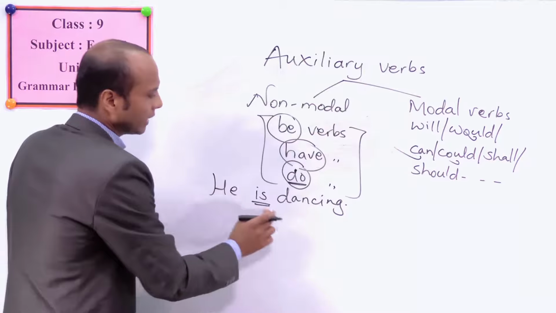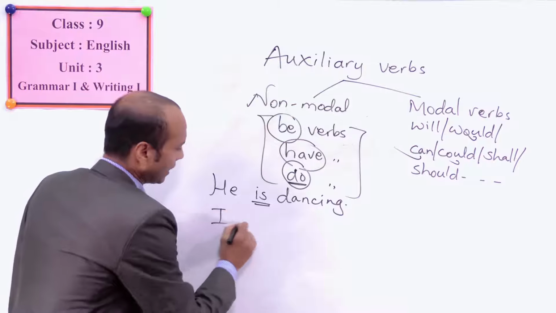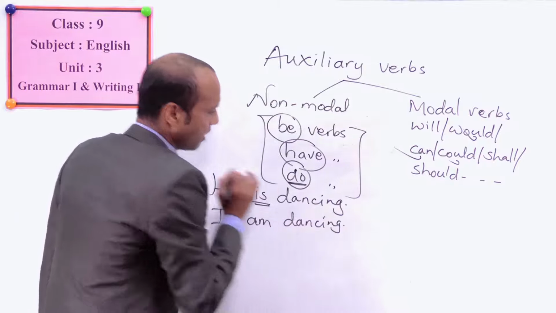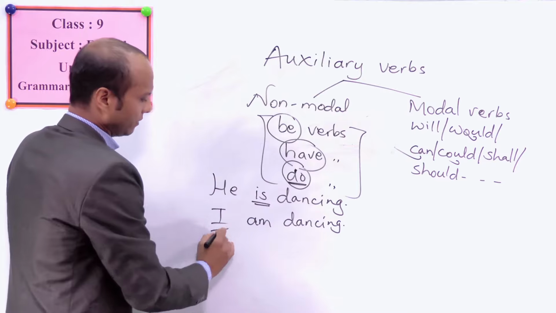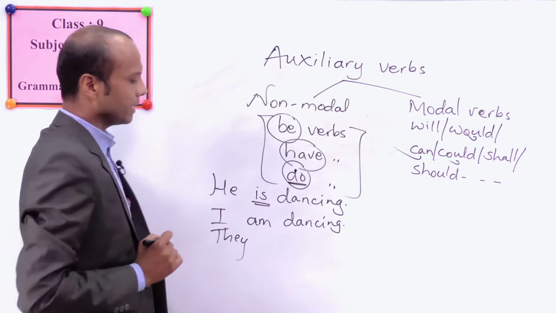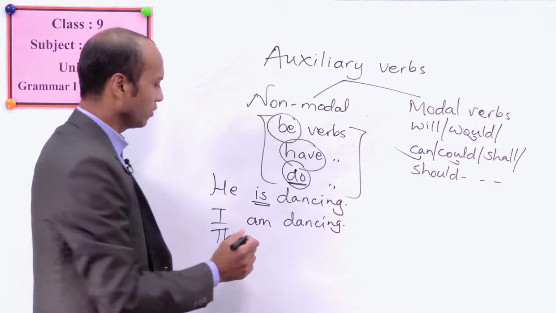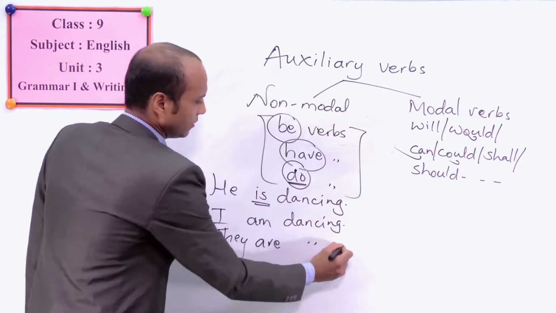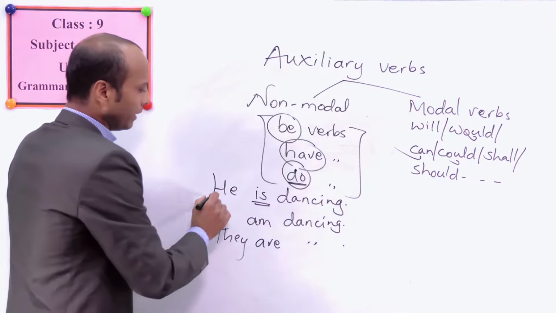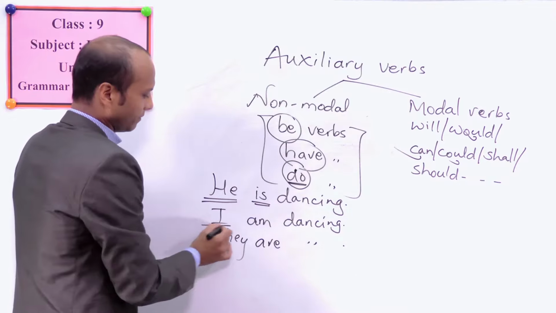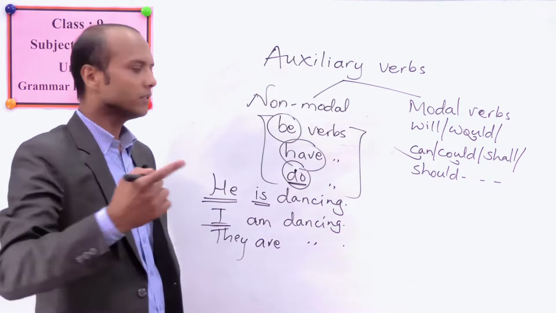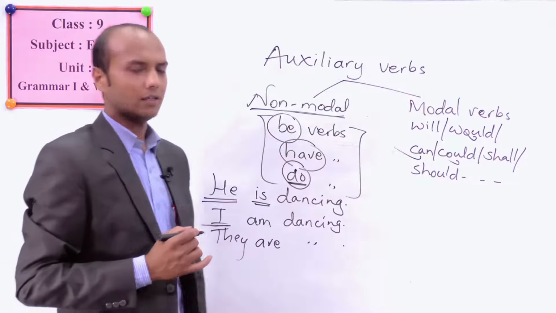So he is dancing, I am dancing, and if you put, for example, they as subject, what comes there? Good. So are should be there. Look, they are dancing. So based on the subject, you have to use different non-modal auxiliary verbs.